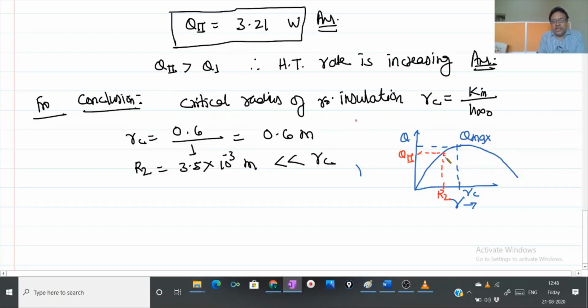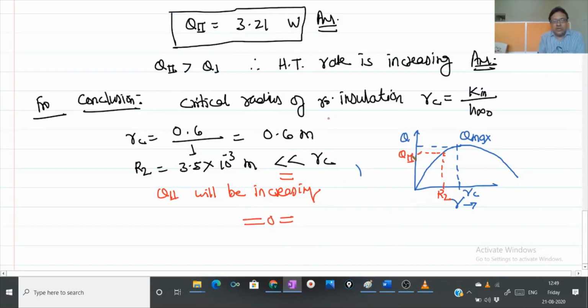Even though we are providing insulation material over the copper rod, since R2 is less than RC, the heat transfer rate will be increasing. So that is a very important conclusion we can draw from this numerical.